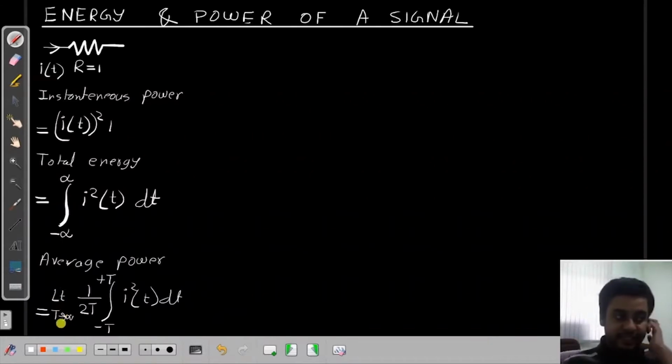So limit T tending to infinity, 1 over 2T, integration minus T to plus T i square dt is the average power consumed.